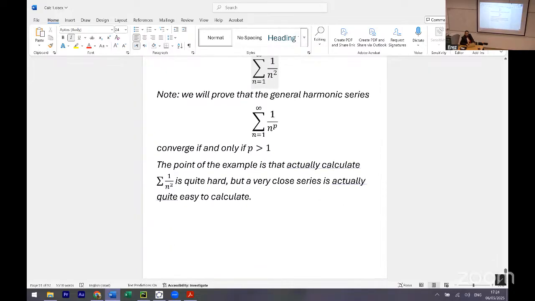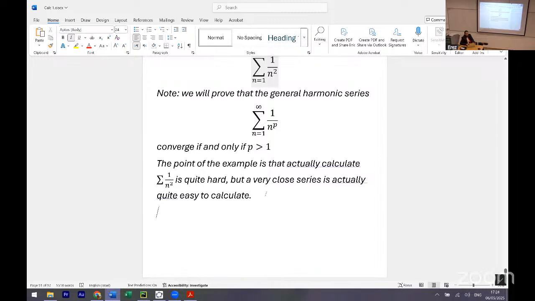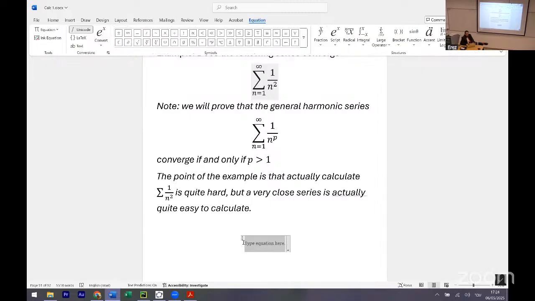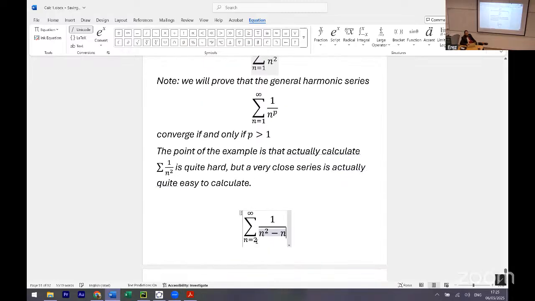So what is the so-called close example? There are a few. I would choose the sum from n equals 2 to infinity of 1 over n squared minus n. You can see why I did not start with 1, because then I would divide by 0.